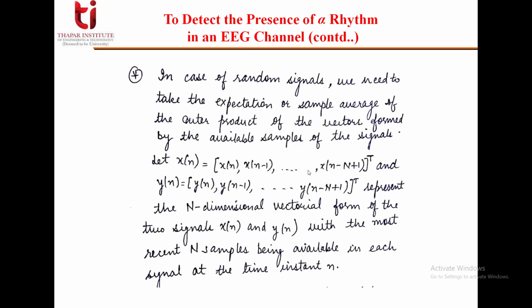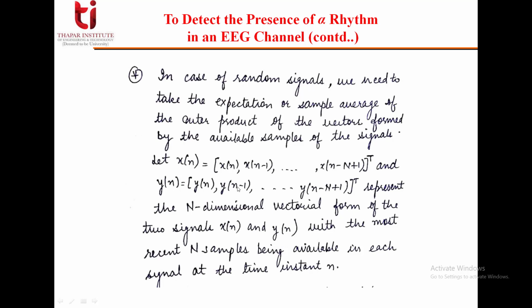Here we are assuming that we have N samples of each. So x(n) can be expressed as x(n), x(n-1), up to x(n-N+1). This is the vector x and its transpose.